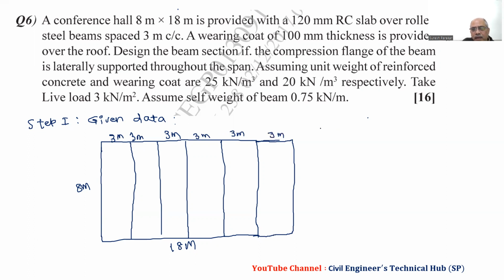Now, given thickness of slab is 120, wearing coat is given 100.